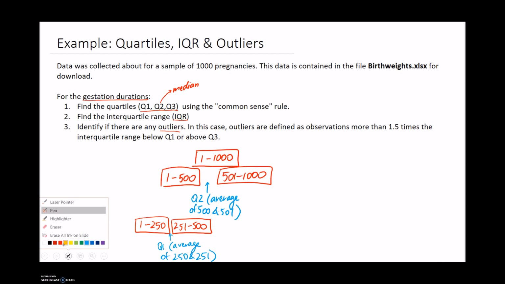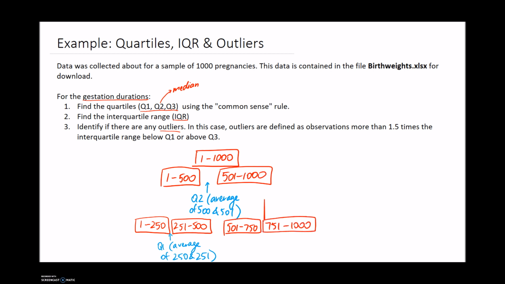Now again, we can work out Q3 using the same method. This is the second half of the observations, and Q3 is the middle value in this range. The first half would be from 501 up to 750, and the second half would be the 751st observation up to 1,000.